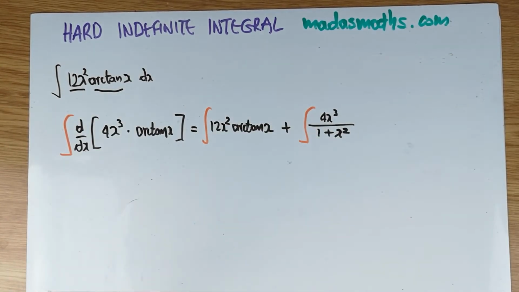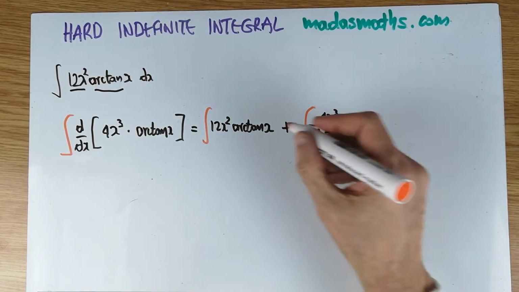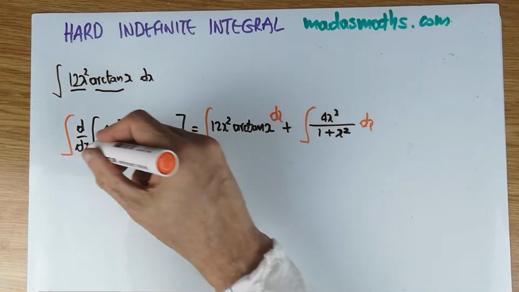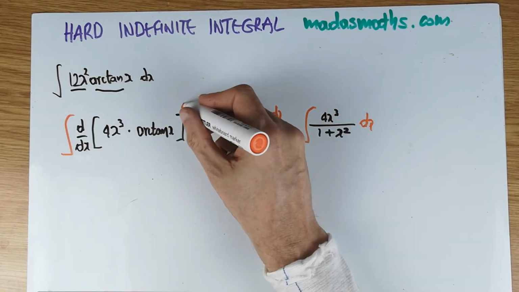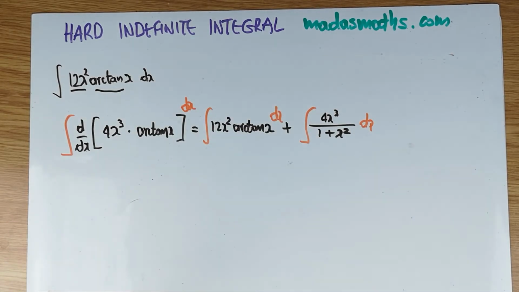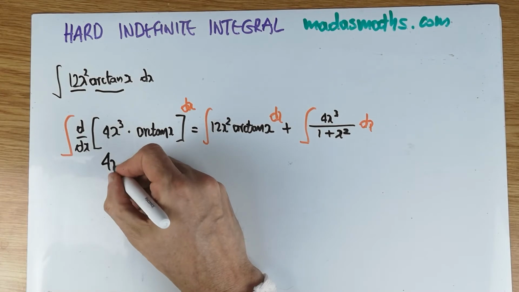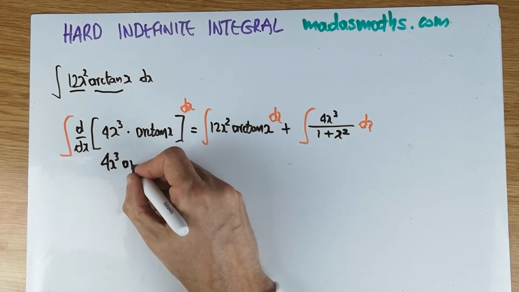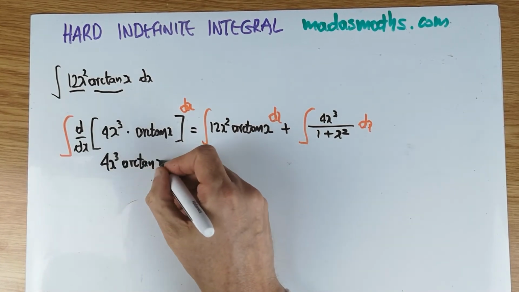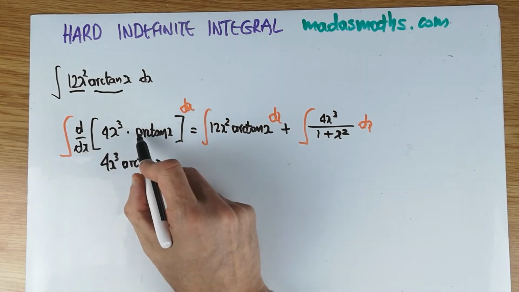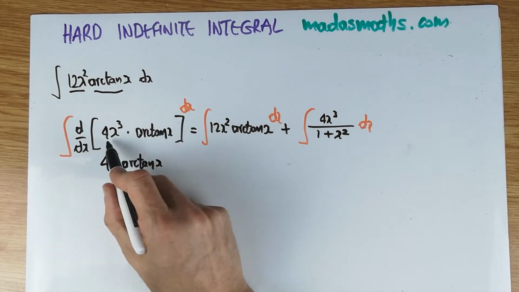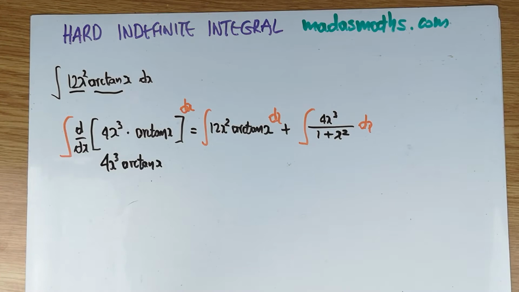Well, I can integrate each of these three expressions with respect to x, dx, and d by dx of that will open up this integral. So what I'm getting now, looking at the next line, I'm going to get 4x cubed arctan of x, because differentiating this with respect to x and then integrating with respect to x opens up the integrand.